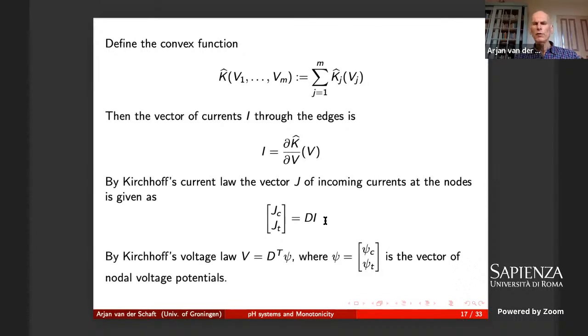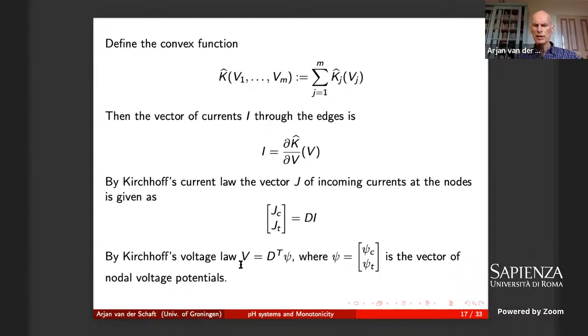Now, by Kirchhoff's current laws, we know that the incidence matrix times the vector of the currents is equal to this vector, where these are the incoming currents at the capacitor nodes, and these are the incoming currents at the terminal nodes.